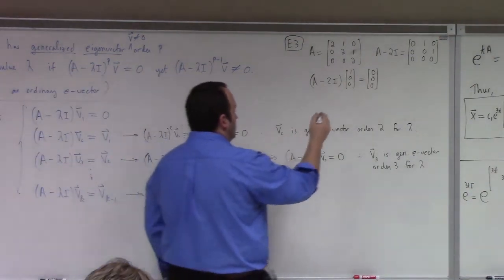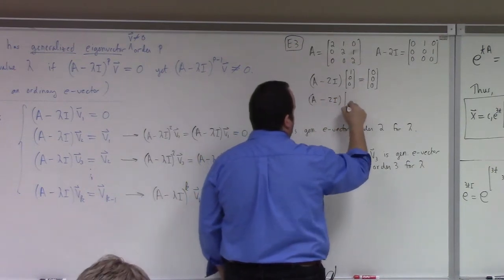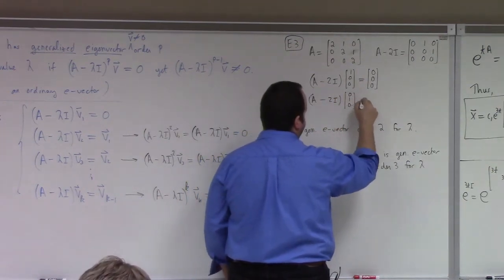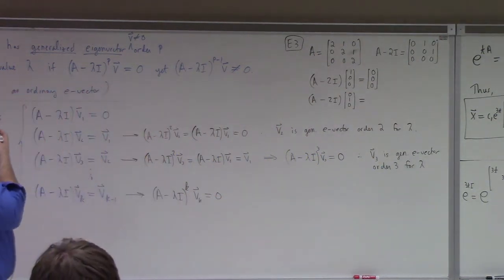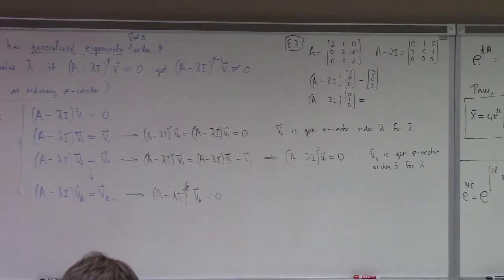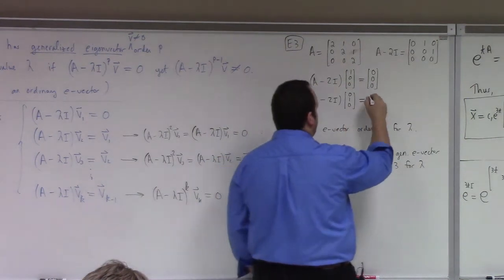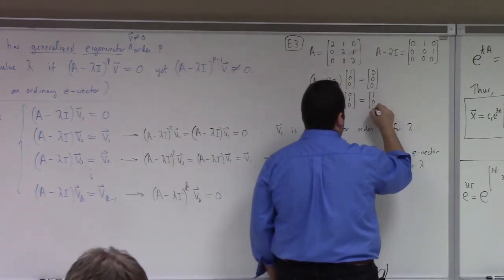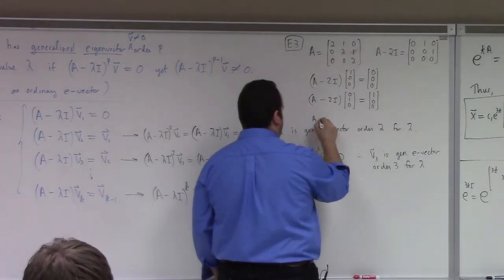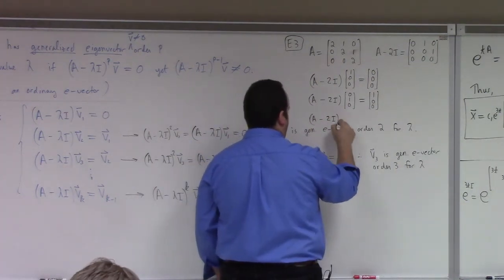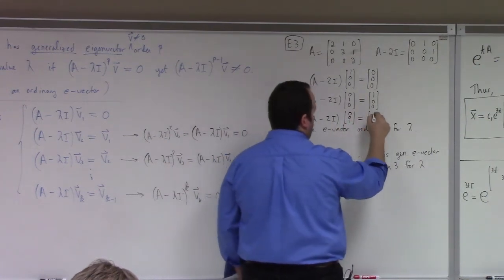What happens when I do A minus 2I times 0, 1, 0? Yeah, I get 1, 0, 0. Right. And how about when I look at A minus 2I times 0, 0, 1? What's that give me? 0, 1, 0, right.